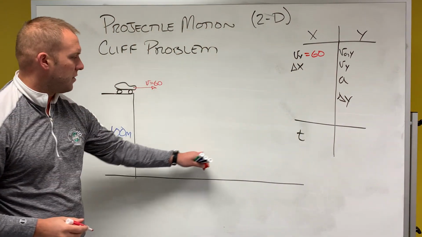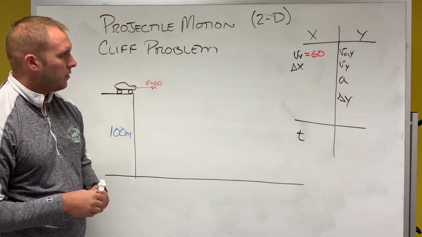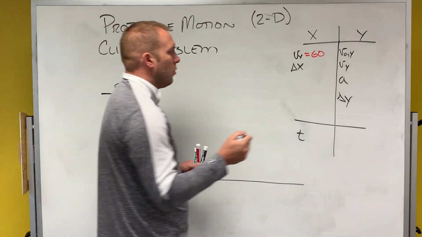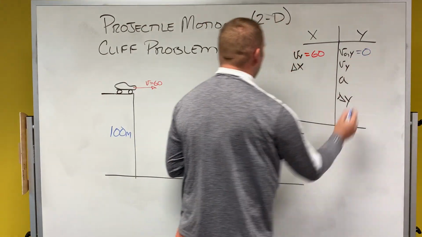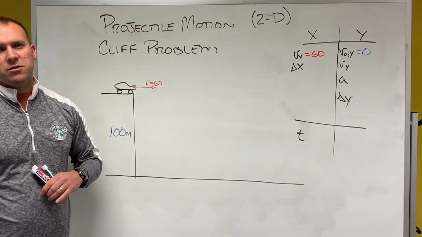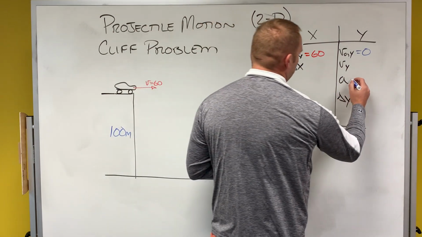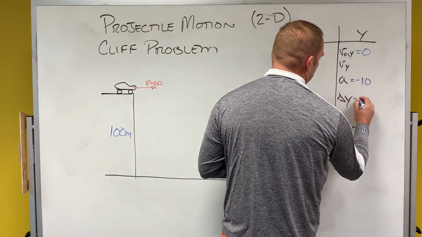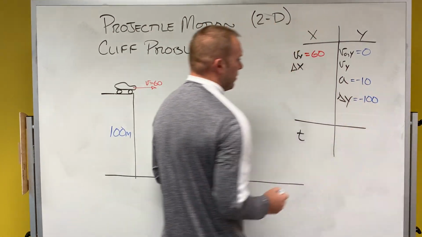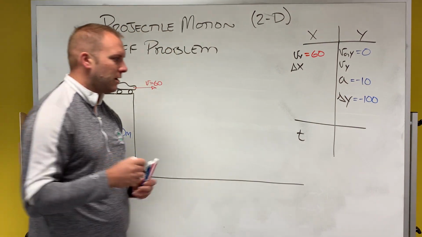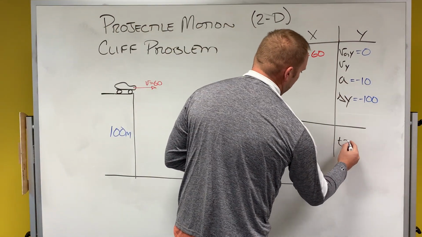I don't know my displacement yet. I don't know my time. My initial velocity in the y? Well, because it's only moving horizontally, my initial velocity is 0. It's just like something that's being dropped, right? My acceleration is going to be negative 10. My displacement would be negative 100. And again, time is the one thing that I don't have.